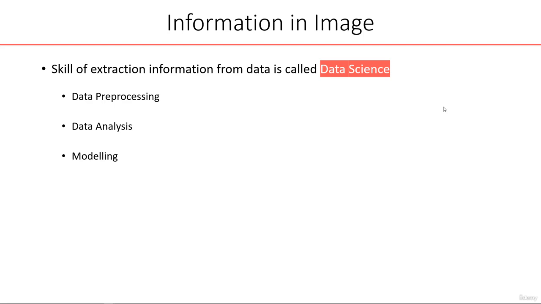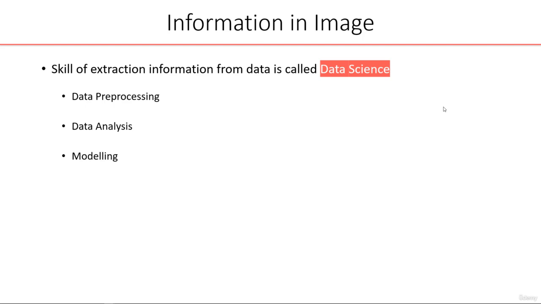Here in image processing, we need to extract some information from the image. For that, in data science, we have 3 steps. Step number 1 is data pre-processing. Step 2 is data analysis. And the third step is modeling, so modeling is any machine learning model.